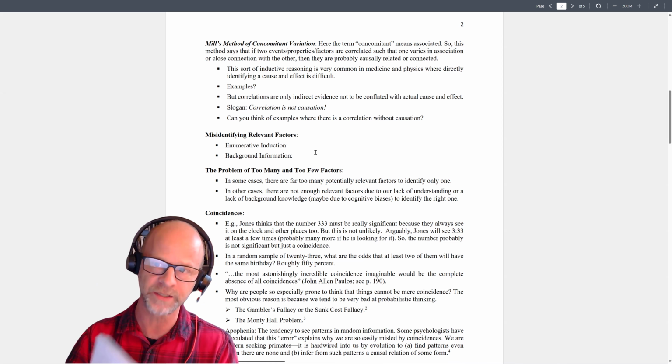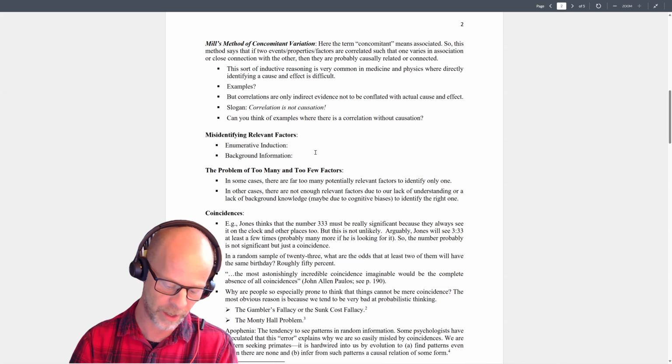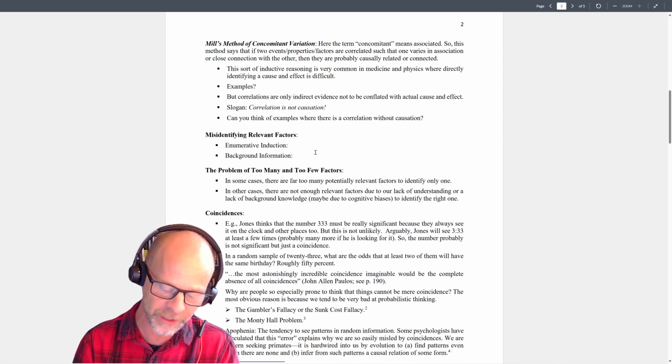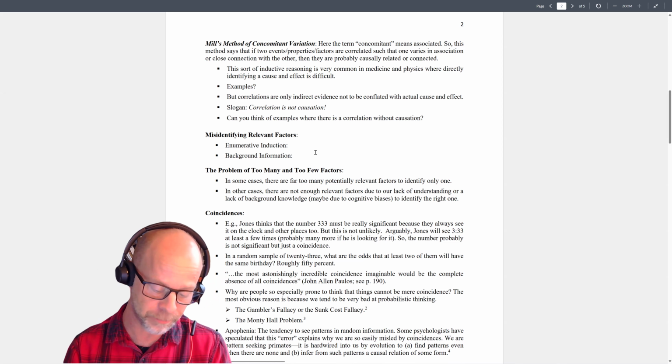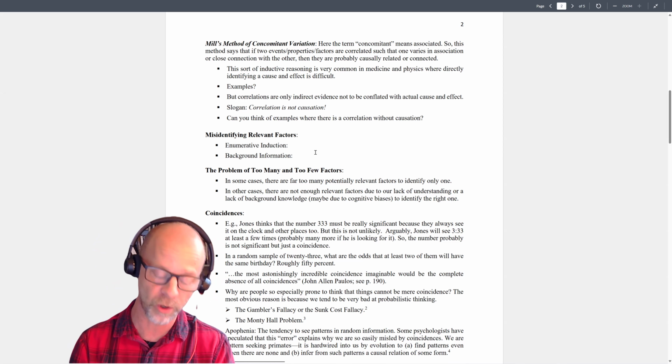So here's what Vaughn says on page 189: your ability to identify relevant factors depends mostly on your background knowledge, what you know about the kinds of conditions that could produce the occurrences in which you're interested. So, lack of background knowledge might lead you to dismiss or ignore relevant factors, or to assume that irrelevant factors must play some sort of a role.